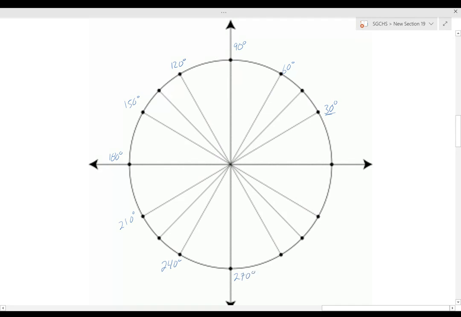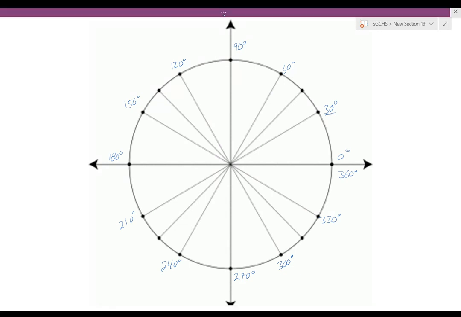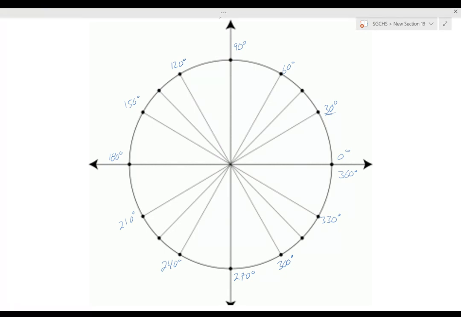So I will just finish off our 30-degree jumps, and then this would be 330 degrees, and then we get to 360 degrees. And of course, you start off at 0 degrees, right? You could keep going around and around, but we're just going to limit ourselves between 0 and 360 degrees.